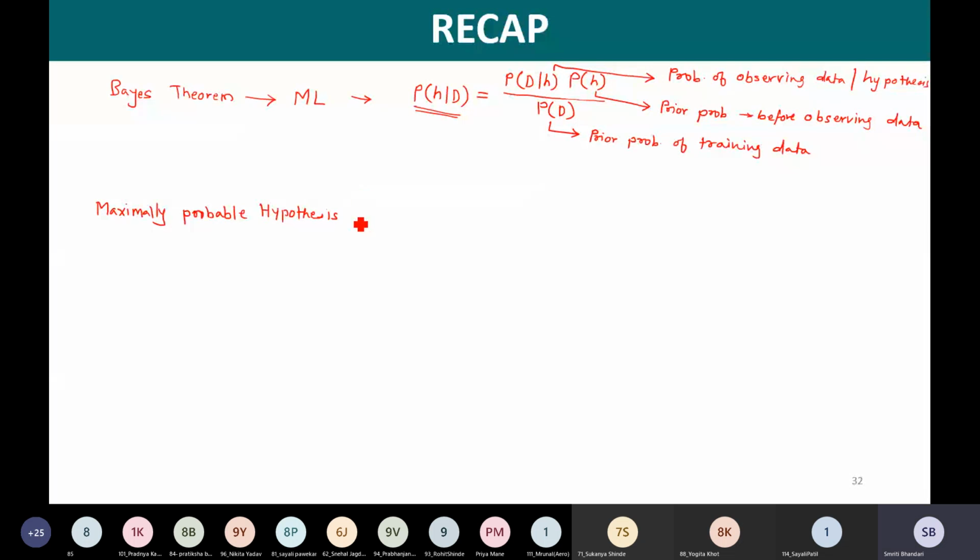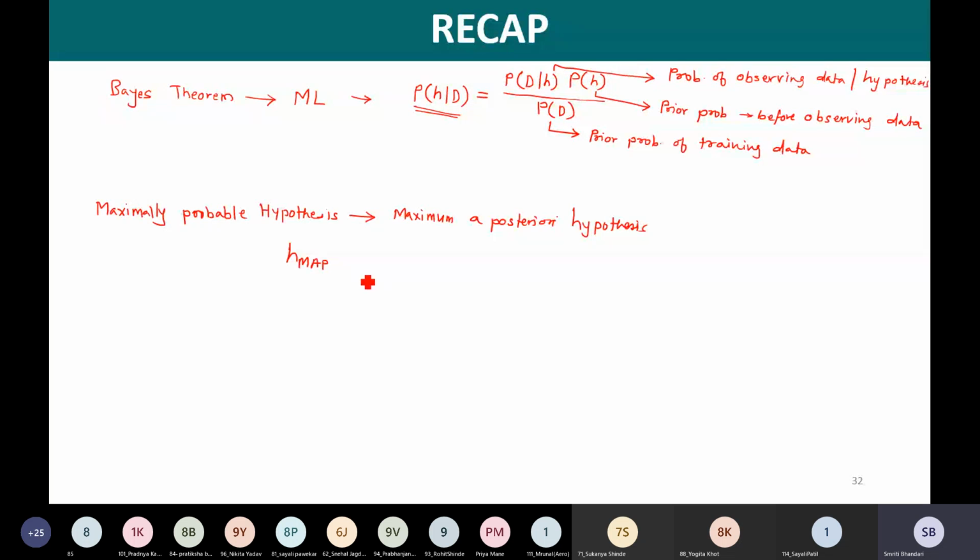So we came across the concept of a maximum a posteriori hypothesis, and we denoted this maximum a posteriori hypothesis as HMAP.